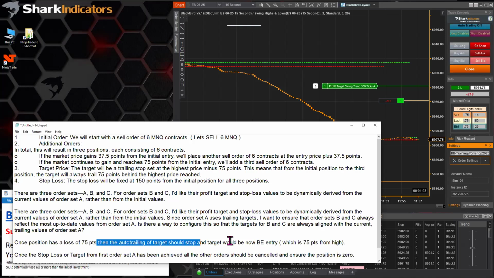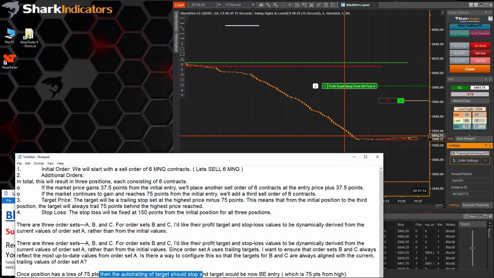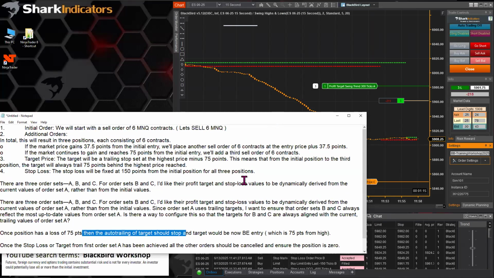All right. Yeah, so we can see here that it's not correlating with a break, right? Our profit target did not reach break even yet. Oh, okay, that's right.